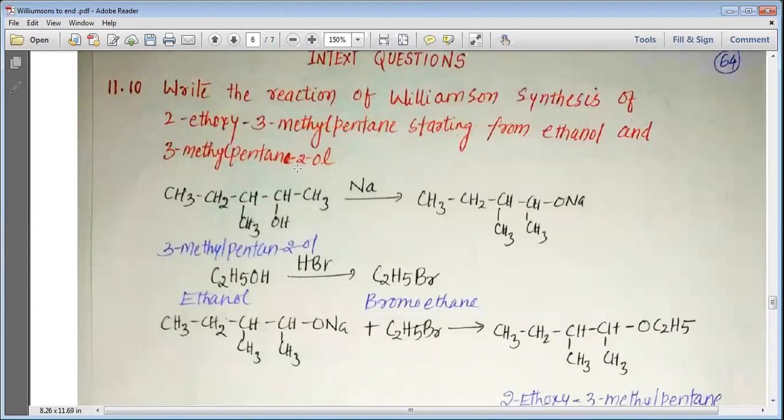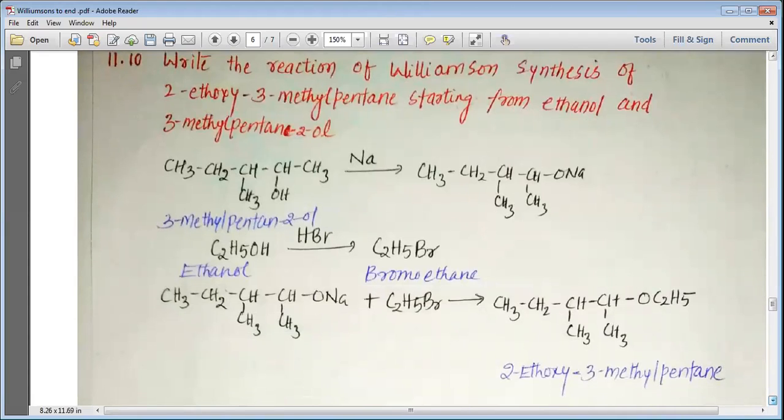So we want to get a particular product using the given reactants. Now we have 3-methylpentane 2-ol, which we will allow to react with sodium so that we can get the sodium alkoxide of that particular alcohol. Ethanol is allowed to react with HBr so that we get bromoethane.